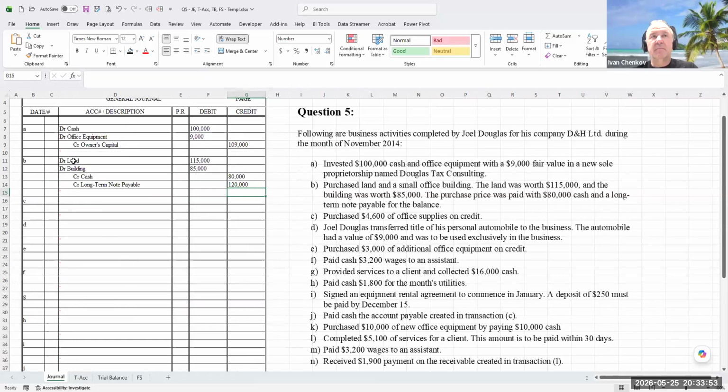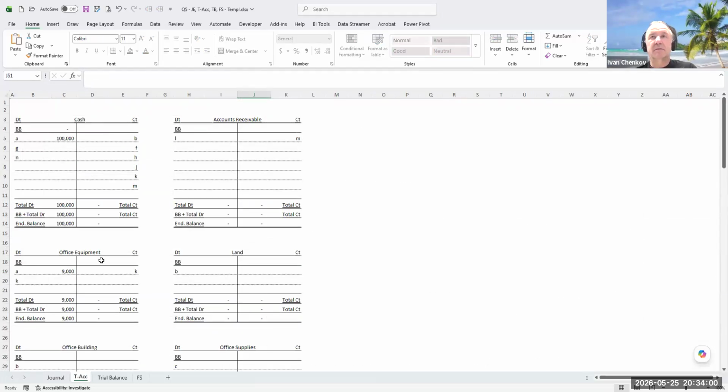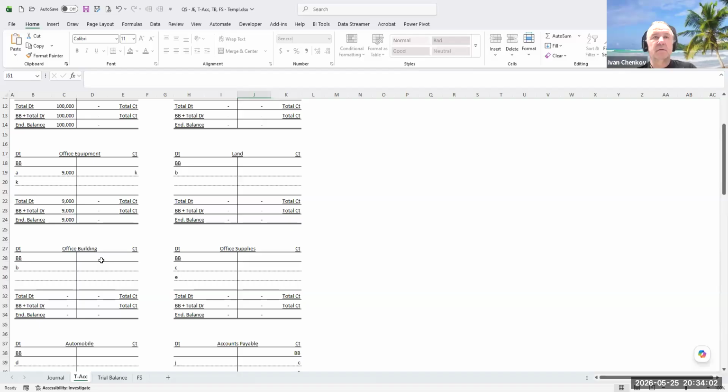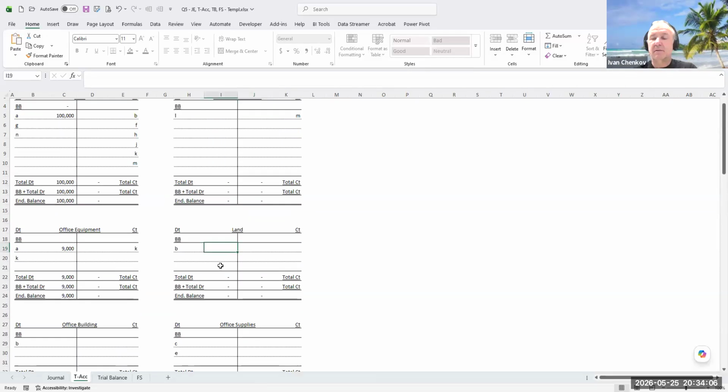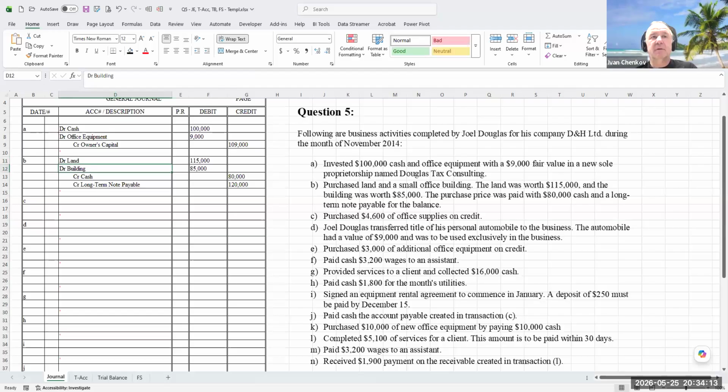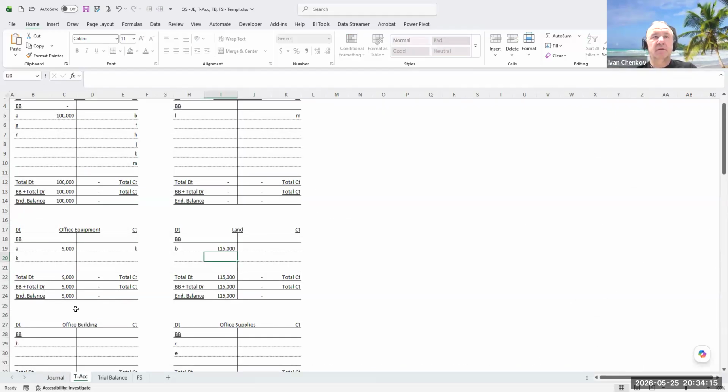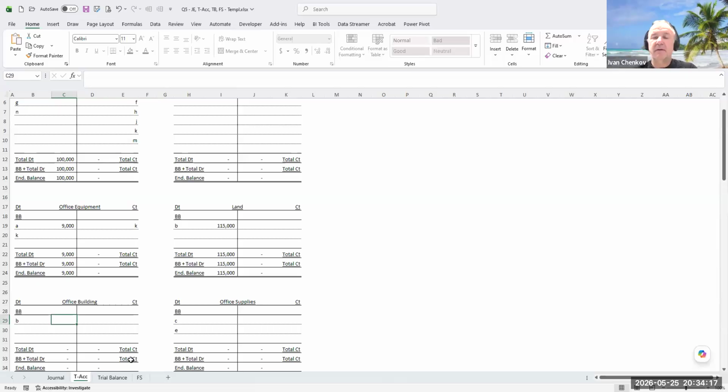For letter B, let's get the land first. Let's find where the land is. Here, land is 115,000. And then we have the building, which is the office building, 85,000.